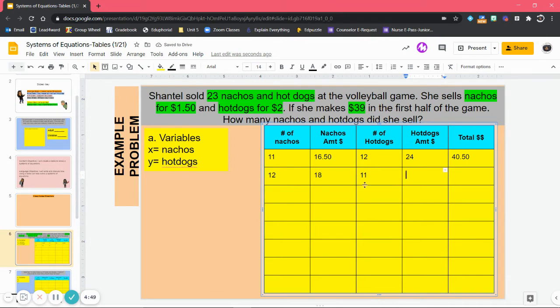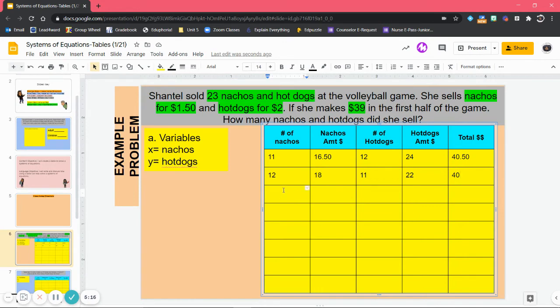Then I went down in hot dogs, so instead of $24, I took away a hot dog, 24 minus 2 is 22. Now I add those two together: 18 plus $22 is $40. I am still over, but it looks like I went down, so I'm headed in the right direction. And I'm going to keep on going.